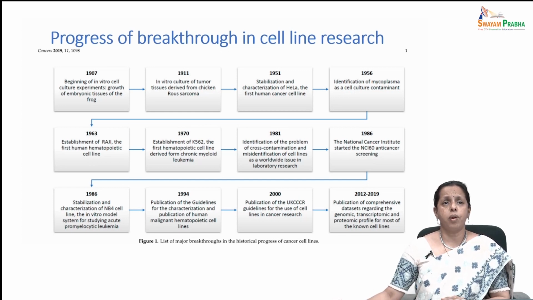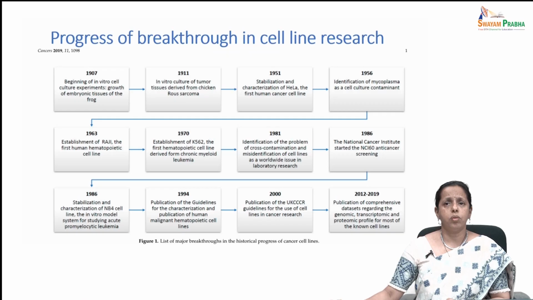So this is the progress and breakthrough of cell lines. If we look here from 1907 till 2019, we can see how cell line research has obtained breakthroughs, starting with in vitro cell culture experiments, with the first growth of the embryonic tissues of the frog.